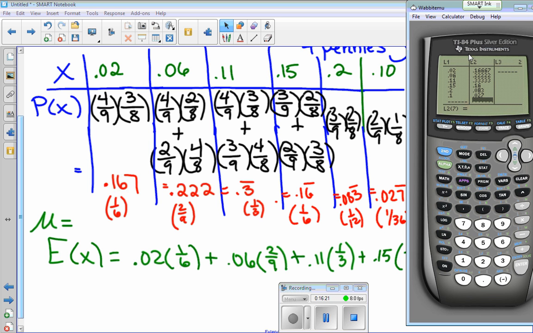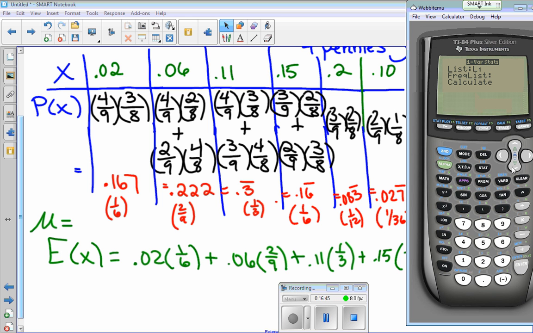So all I did was type in the outcomes in list 1. That's where my X values went, all the possibilities. And list 2 was all of the probabilities of those outcomes. Now if you just want to find that, since the expected value is the same thing as the mean, I go to Stat, Calc, one variable statistics, and I just want the mean.